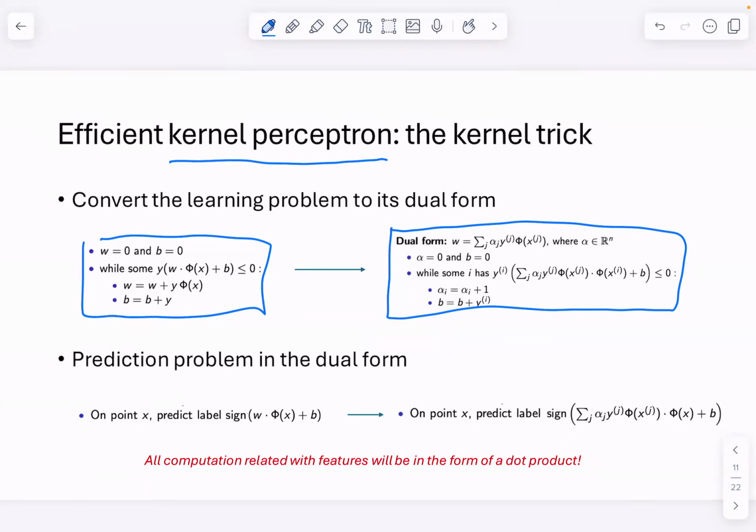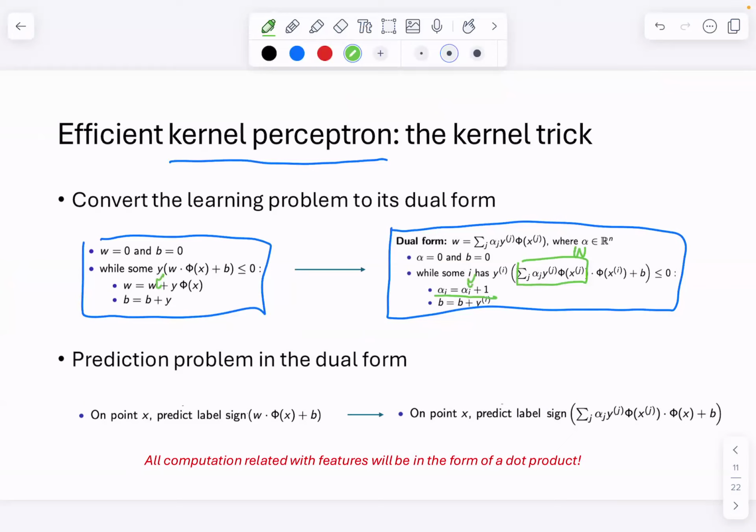So basically, this is the dual form of the original learning problem. In the dual form, the weight is expressed as a linear combination of the features multiplied with the labels, right? And in the algorithm, this is the original w, and you replace it with its linear weighting form. When you do the update, you don't update w, but you update alpha.